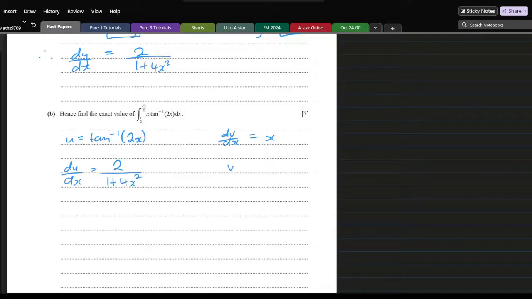Alright, and then here we can integrate to get v: add 1 to the power, that's 2, divide by the new power, that's half x squared.